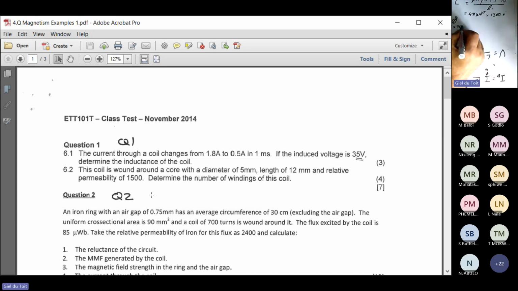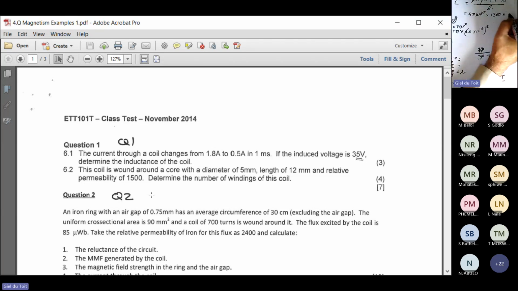It is pi times radius squared. So it's pi times the radius 2.5 millimeter, times 10 to the minus 3, squared. We must square this. How much is that?